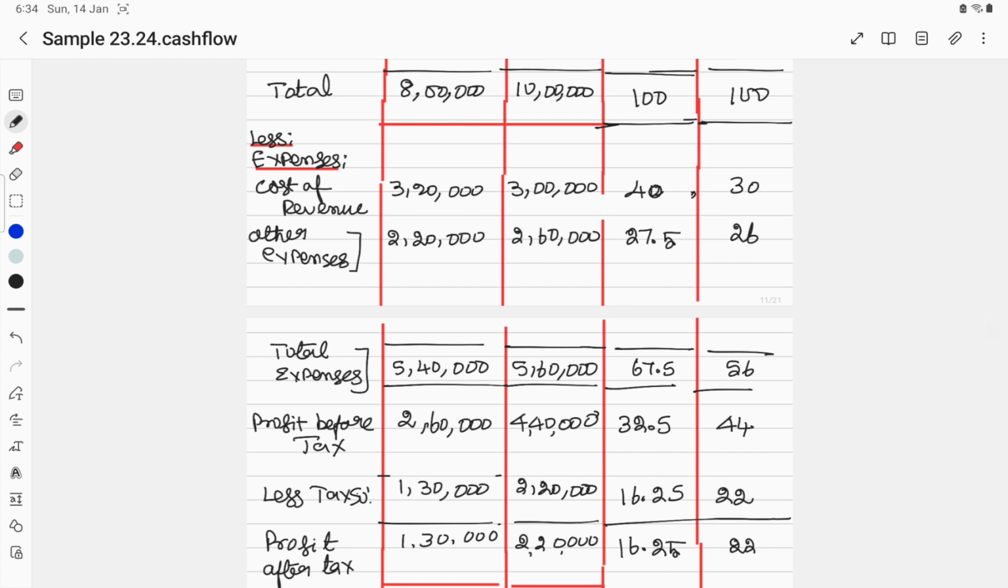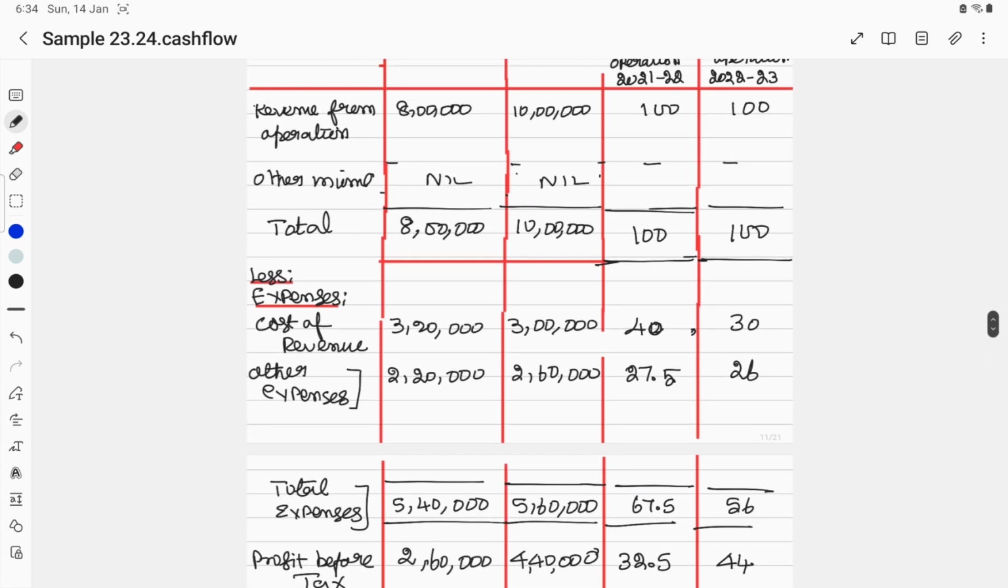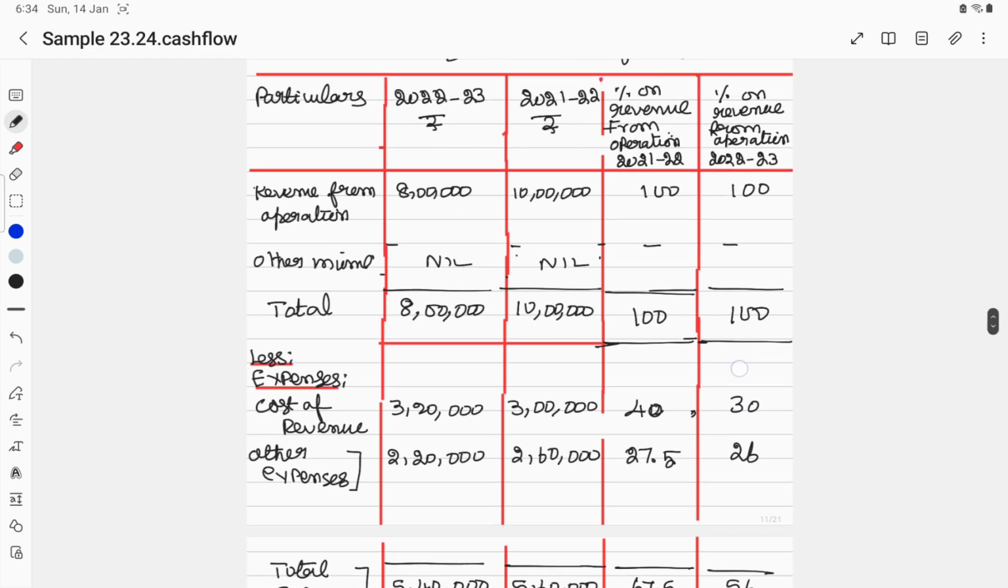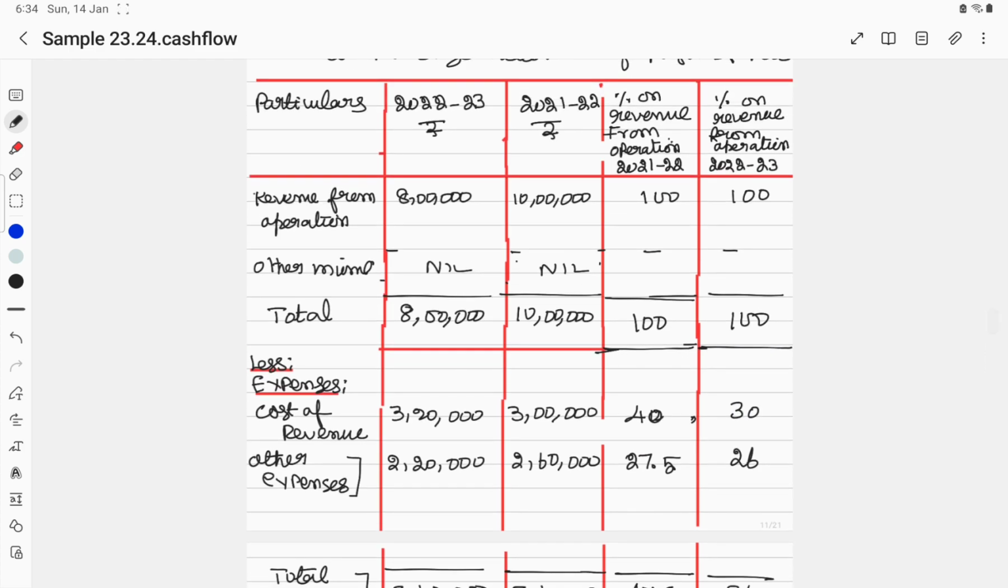So we get the percentage. Here 22-23 and 21-22. Cost of revenue is 3 lakh 20,000 by 8 lakhs into 100, therefore 40%.